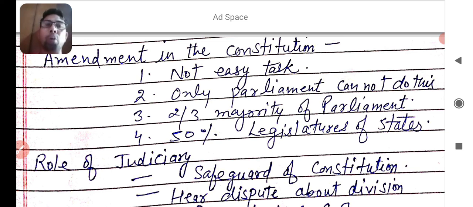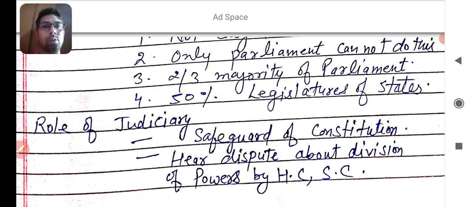A two-third majority of Parliament is required, which means it must be passed first by the Lok Sabha and then by the Rajya Sabha, and after that by 50% of the legislatures of the states, meaning the Vidhan Sabhas of the states. For example, if there are 28 states, 14 states have to recommend the amendment. I think you got this point also.